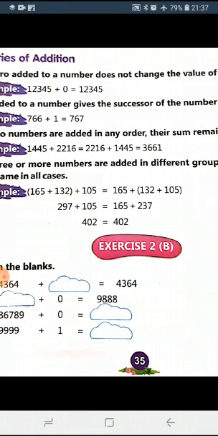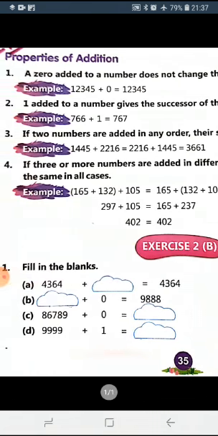But in both the cases children, you will add and you will see that the answer comes out to be the same. जब आप इसको अपने आप वेरीफाई करके देखना, चेक करके देखना. ओके, यू कैन राइट इन अ रफ नोटबुक. पहले आप लिखेंगे 1445 और उसके नीचे लिखेंगे 2216, फिर चेंज कर देंगे. ओके, उल्टा ऑर्डर लेना, यू विल गेट द आंसर सेम.